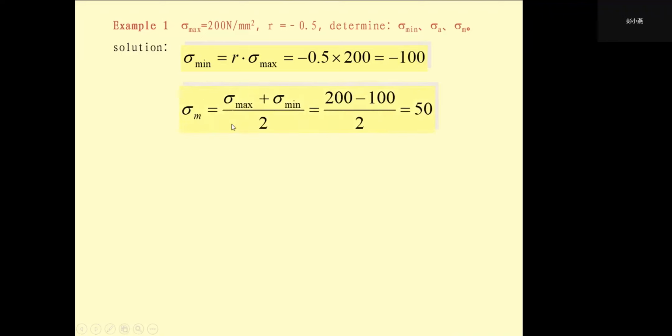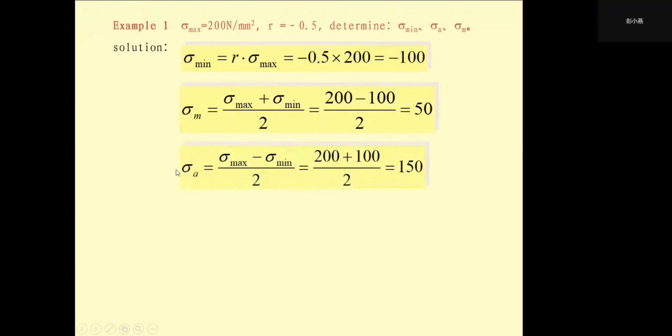Then we can obtain the mean stress. Mean stress is the average of the sum of maximum stress and minimum stress. So the mean stress is 50.